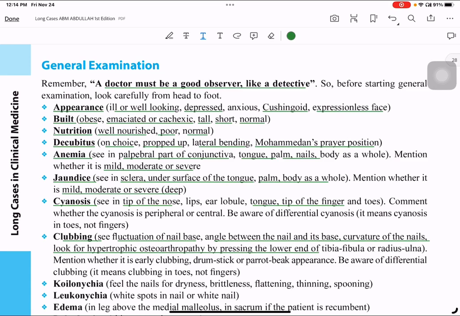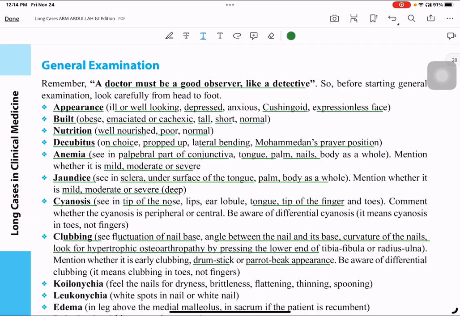Clubbing occurs in various diseases. We will discuss later on. And there is another clubbing called differential clubbing: clubbing in the toes, not in the fingers. Clubbing is also called parrot beak appearance. Sometimes it is called drumstick, sometimes parrot beak appearance.